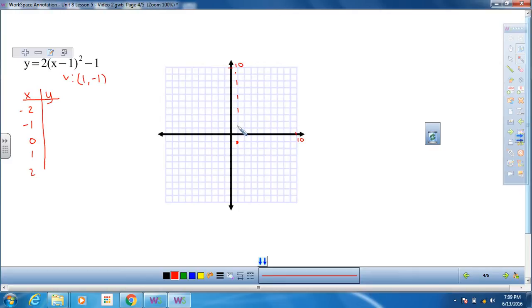So really, you want to make sure you pick points that are around this vertex. So what I have is fine. If I plug in -2, I would just type that in your calculator, just like you see it here, to avoid making calculation mistakes.